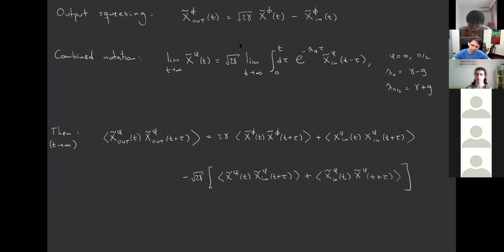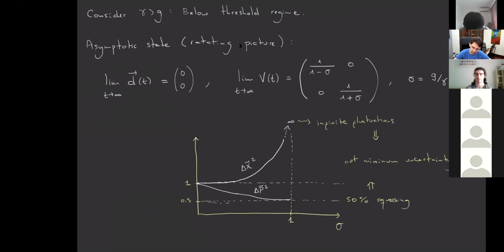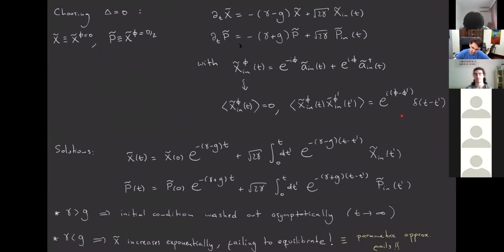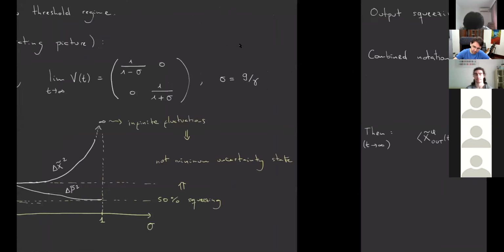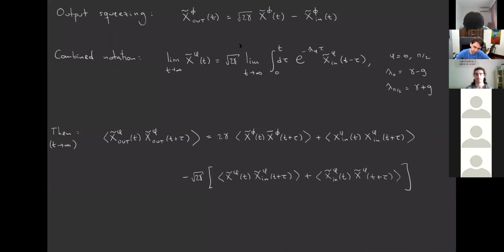Then now, knowing what are the correlation properties or the statistical properties of the input operators, which we have in here, it's just very easy. And what is the dependence of the intracavity ones in terms of the input ones that we have in here? Then you can evaluate all these 4 correlators.